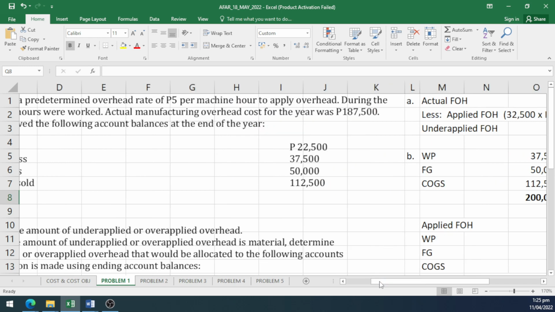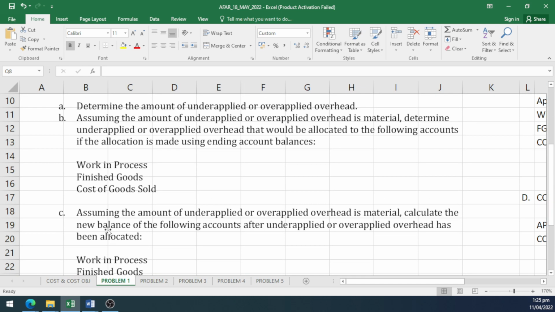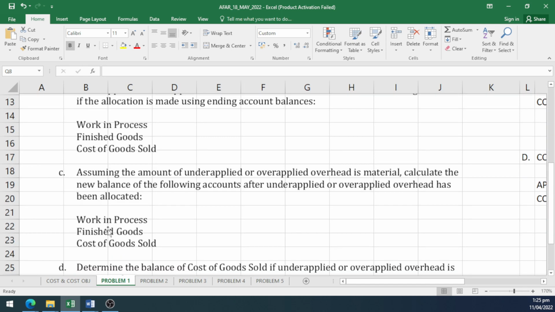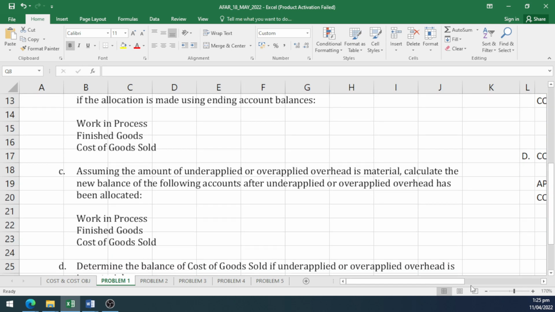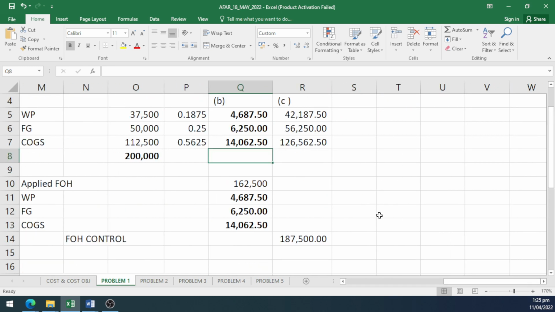Kaya, ang magiging balance ng ating work in process, finished goods, and cost of goods sold after the allocation, ito po: 42,187.50 for work in process, 56,250 for finished goods, and then 126,562.5 for our cost of goods sold.